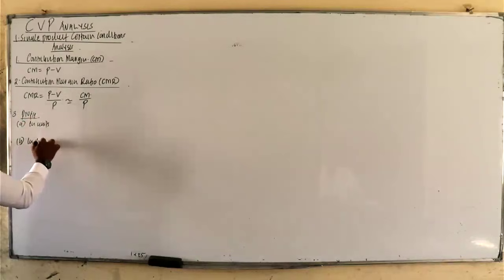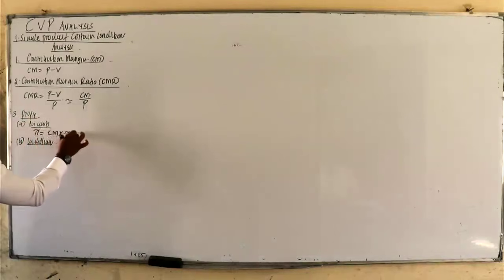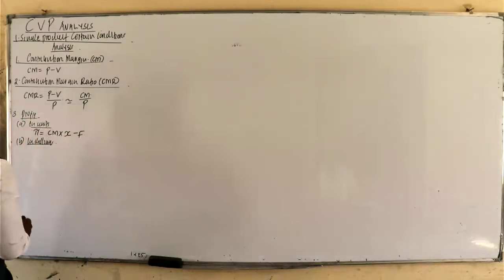Then number three, how do we get the profit? For the profit, A, you can use units, or B, you can use the revenue, that is in shillings. To get the profit, you take the contribution margin, multiply by the number of units, minus the fixed cost.